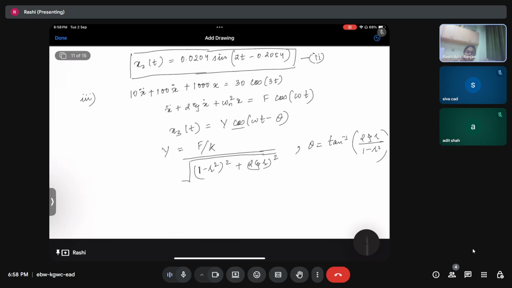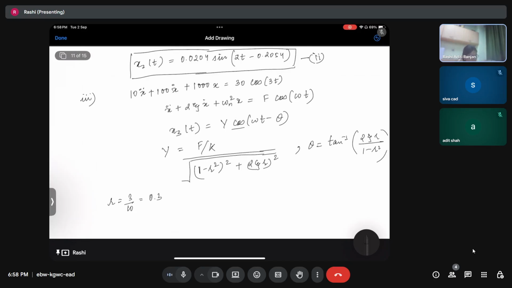So we have already calculated the value of eta, we have already calculated the value of omega n, and we already know the value of f from the equation. The only thing that is going to change is the value of r. Now r is going to be 3 by 10, 0.3.